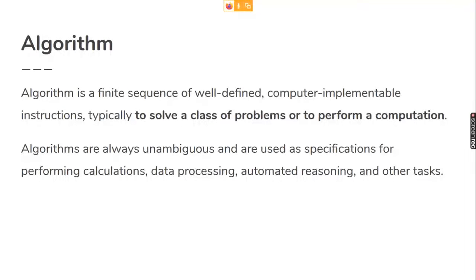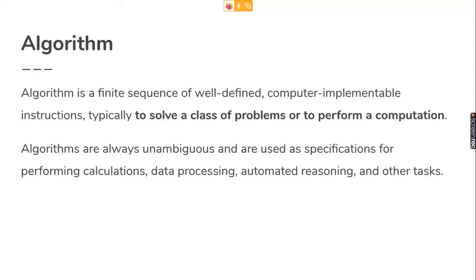Then what is algorithm? We know data. Data has different kinds of formats. It may be a string, numbers, floats, boolean values, true or false, or arrays, right?